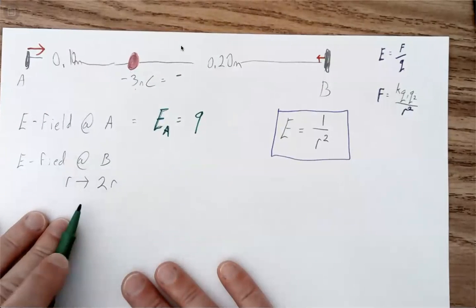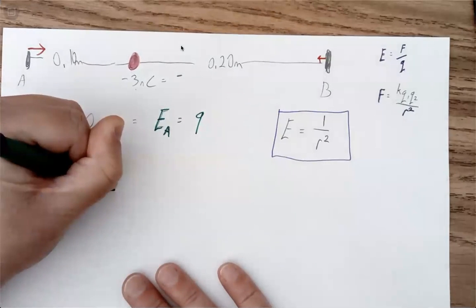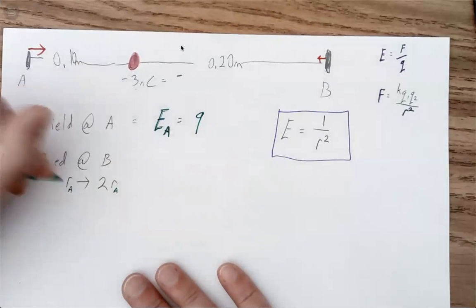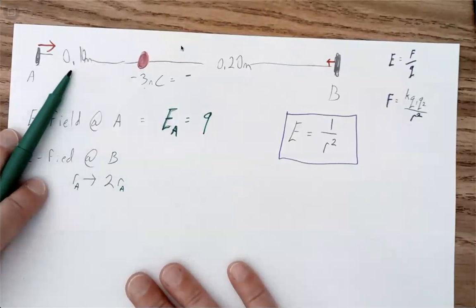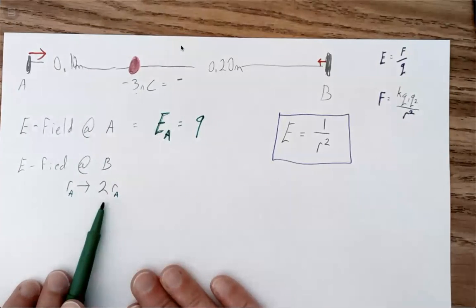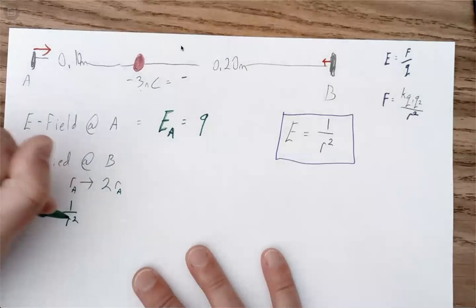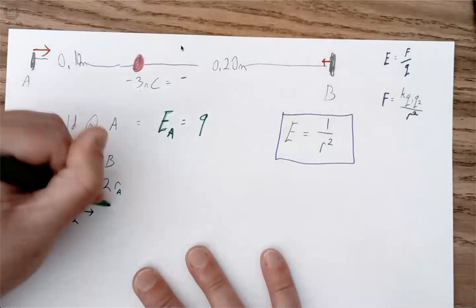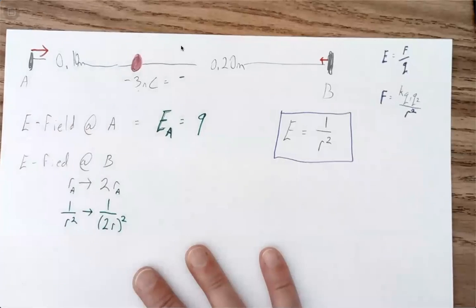And what we're doing when we go to B is we're going to go from this R of A out to 2 times that R of A. So that R for A is 0.1. We're now going to go out to 0.2, which is 2 times that 0.1. So what happens then with the 1 over R squared, when we double it, we get 1 over 2R quantity squared.